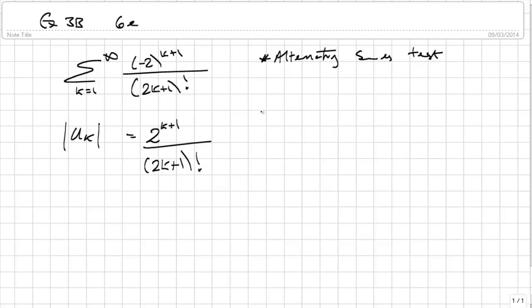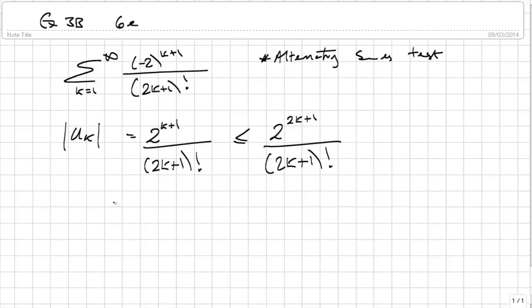The first thing is I'm going to say that this is always less than or equal to 2 to the 2k plus 1 over (2k plus 1) factorial. I just want that power to be the same as this value I have down here in the denominator, the 2k plus 1. And obviously the statement I've made is going to be true.